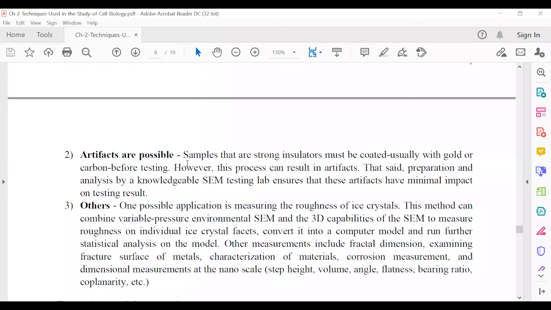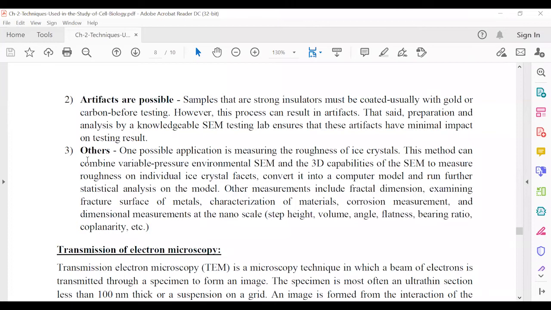Artifacts are possible. Samples that are strong insulators must usually be coated with gold or carbon before testing. It is another disadvantage. Other disadvantages are possible, others are applications, not disadvantages.